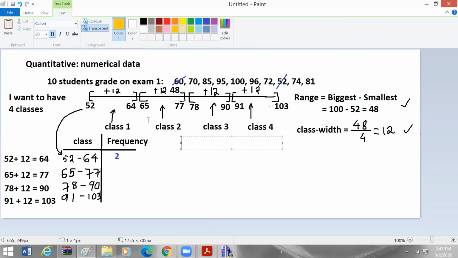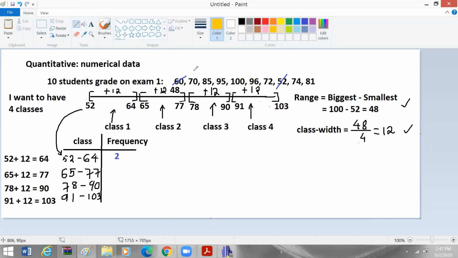So in this case, how many data values are between 65 and 77? We're going to count them. Any data value that is bigger than 65 and smaller than 77 will be captured. So we got 70, do we agree? We got 70, and we got 72, I believe.